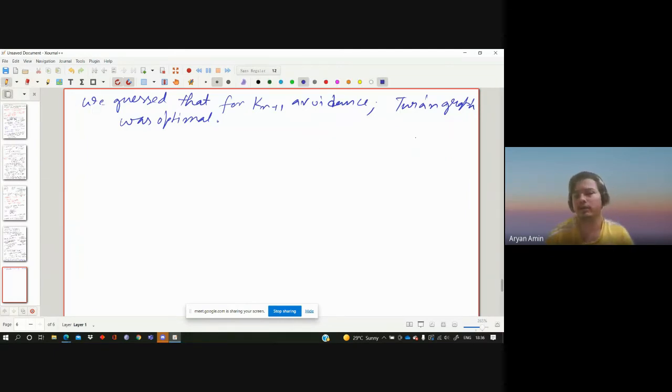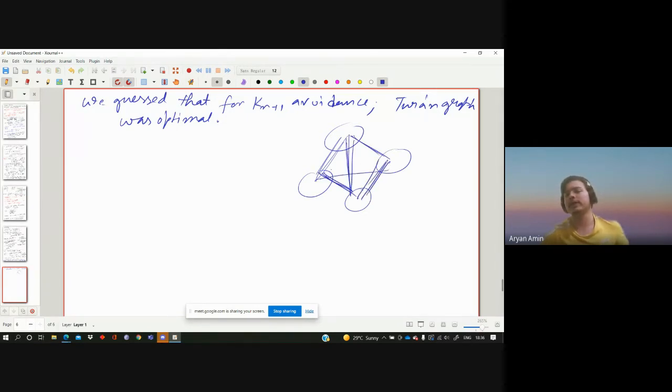In a Turan graph, you have R partitions, and you are drawing all possible edges between them. So the maximum clique you will find in a Turan graph is just R, an R-size clique. How?